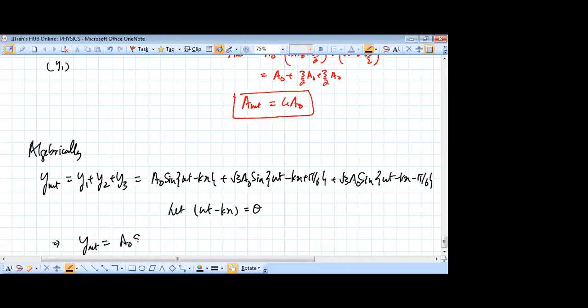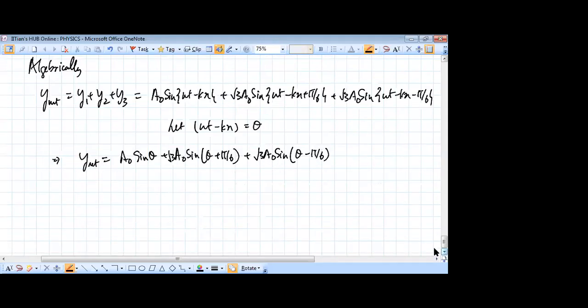So this is A naught sine theta plus A naught sine theta plus pi by 6, plus root 3 A naught sine theta minus pi by 6. One of the tricks you can use here is that since these two have the same amplitude term, you take that common and use the sine A plus sine B formula.